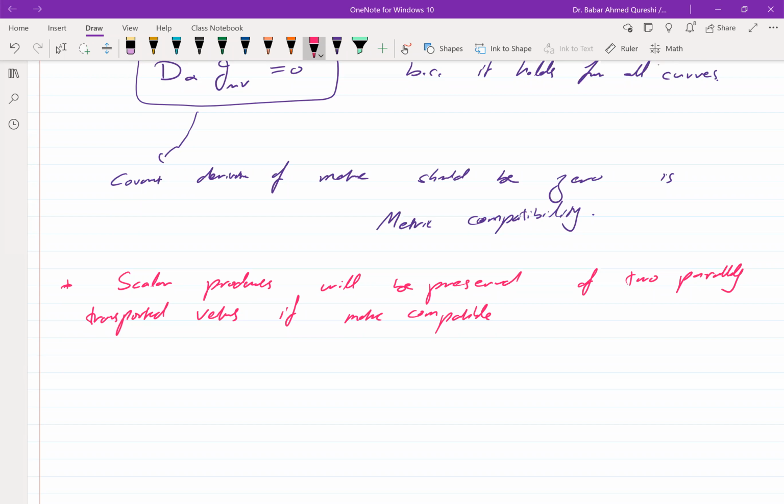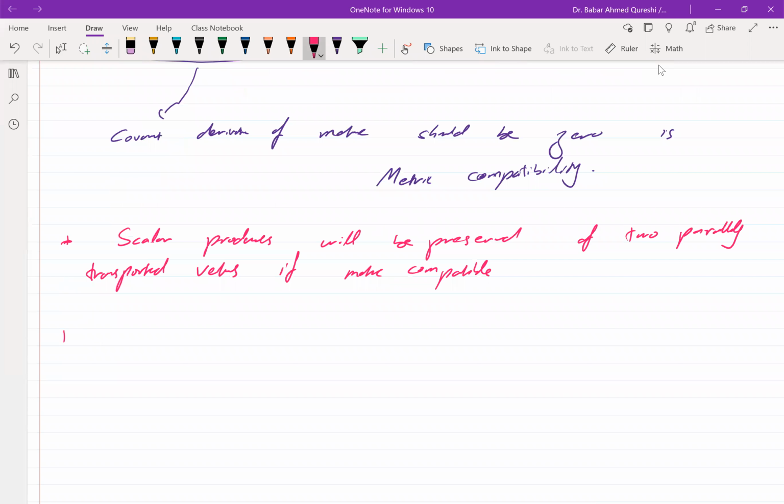So first of all, scalar products will be preserved, but it has many nice algebraic properties. Like for example, if you are contracting some tensors like this, so A and V are being contracted.